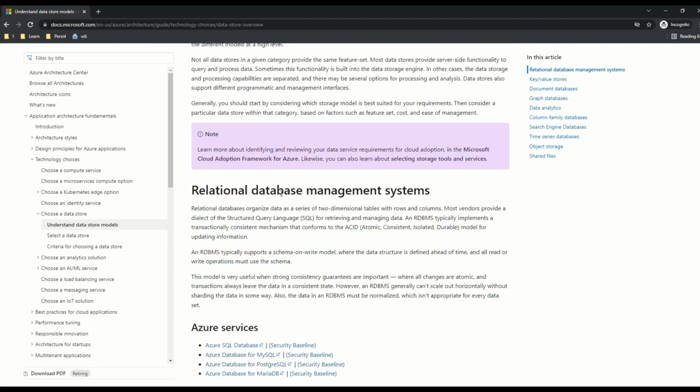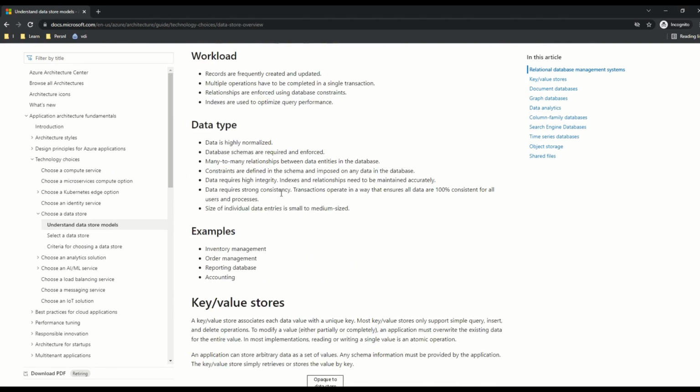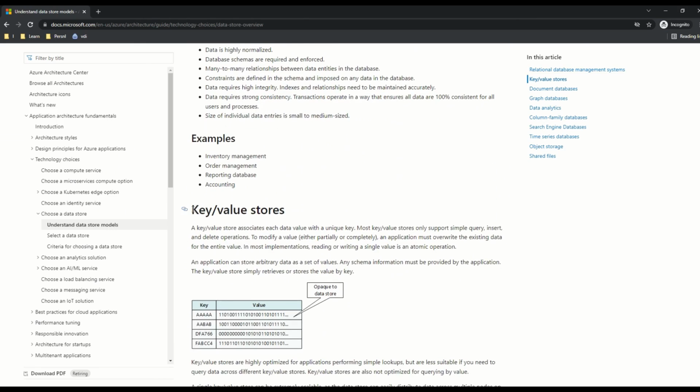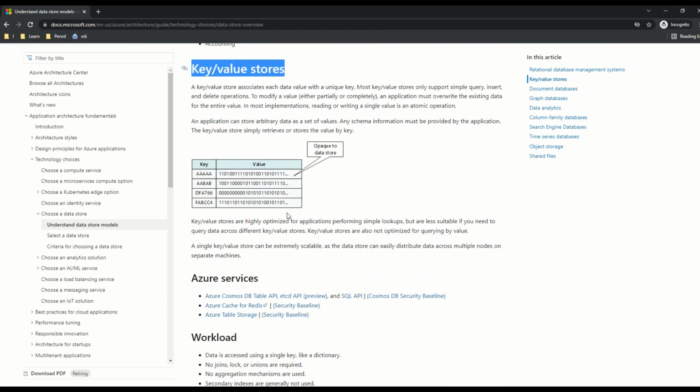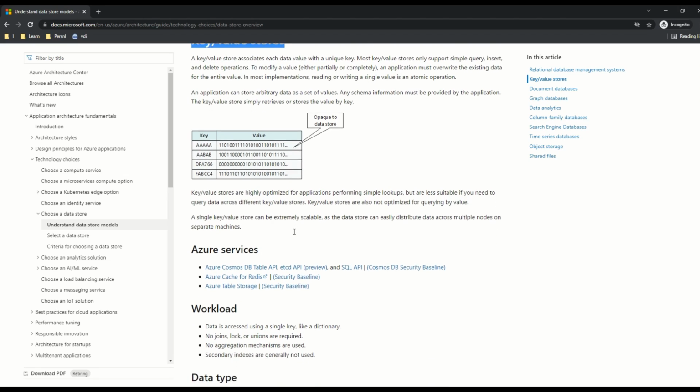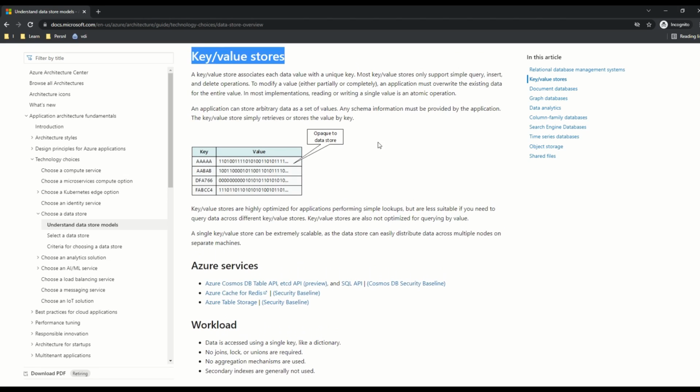So coming on to this page, just scroll down here, and you can see there is some information given about key value pair, and you can already see how a key value pair data store looks like. You have some keys and you have some values for each key. If you read through the context given for key value pair, you can easily see that it says key value stores are highly optimized for applications performing simple lookups.